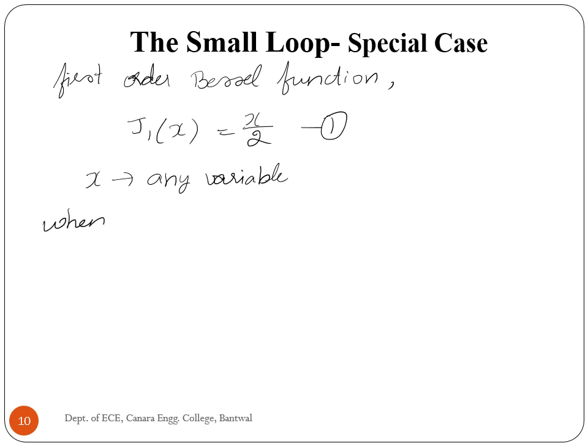When x is equal to 1 by 3, then J1 of x is about 1% error. The relation becomes exact as x approaches 0.